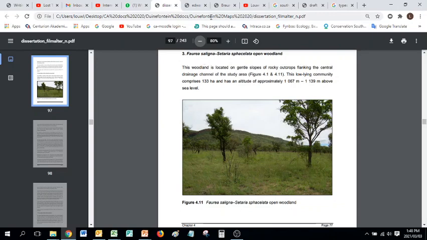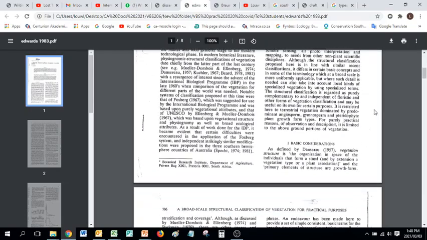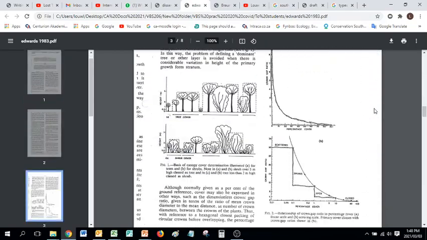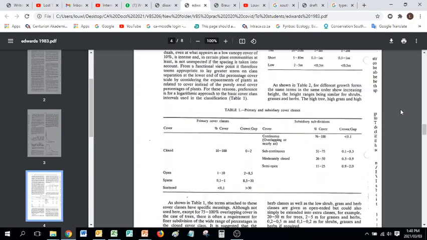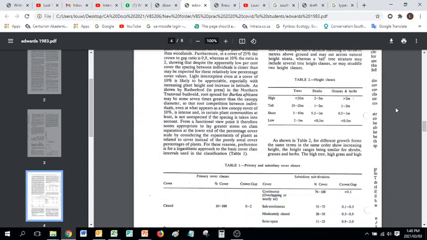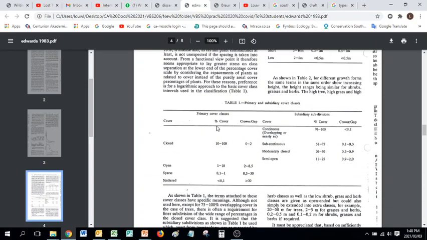Now if you go to Edwards, go and read through the specific paper, a broad scale structural classification of vegetation for practical purposes. Once you scan down to the lower pages, then you'll see that there are various height classes that they start to give you, and various percentages of cover, and what descriptive term is given to those.